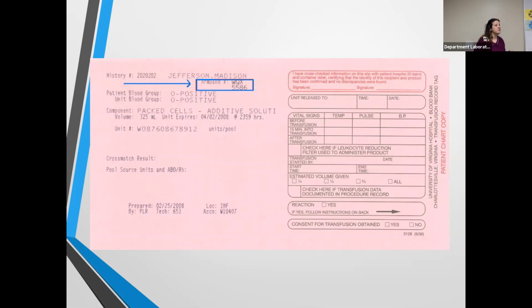If a transfusion reaction were to occur, and it's a severe one, it's most likely going to occur immediately. And then every 15 to 30 minutes during that transfusion, the nurses will continue to check your patient vitals. So that nurse is pretty much in there with the transfusion while it's going on.